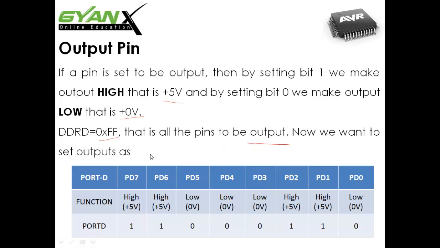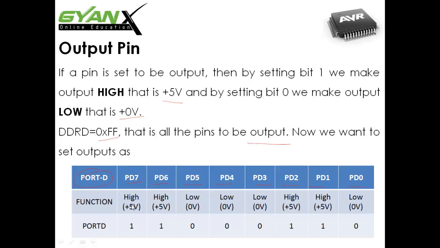Now we want to set the output. Suppose we are working on port D currently. In port D we have PD7, PD6, PD5, PD4, PD3, PD2, PD1, PD0. It means port D is an 8-bit port. Now suppose I want to make PD7 high, PD6 high, PD5 low, PD4 low, PD3 low, PD2 high, PD1 high and PD0 low.